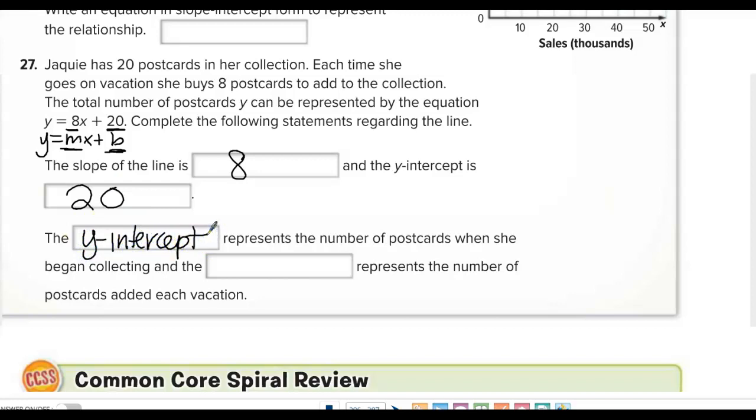And then the slope represents the number of postcards added each vacation. So the more vacations she takes, the more postcards she adds to her collection. Right? Because your slope is how much it increases over time. Questions on that now?